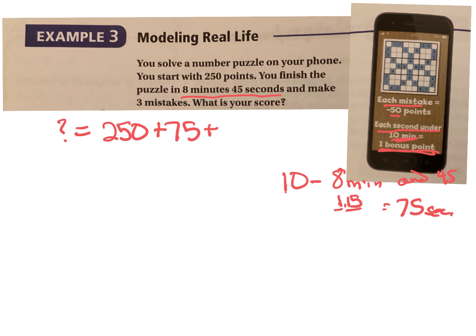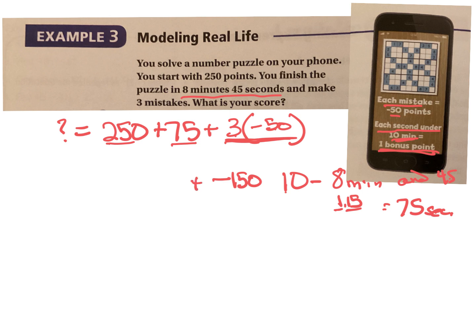And it's how many mistakes? 3 times, each mistake is a negative 50. So now we have a starting of 250, bonus of 75, and then we have mistakes, 3 times negative 50. We have to do the multiplication first. So 3 times negative 50 is a negative 150.